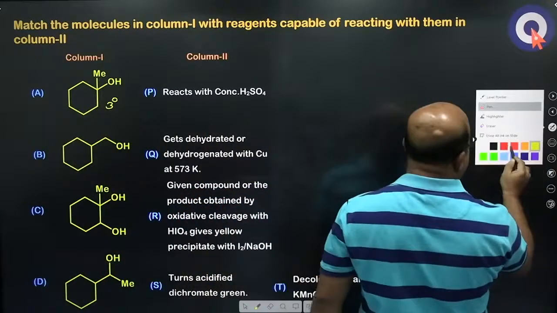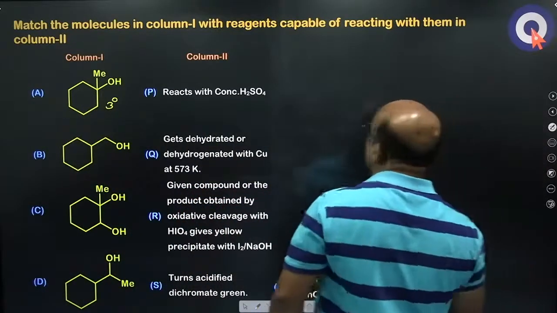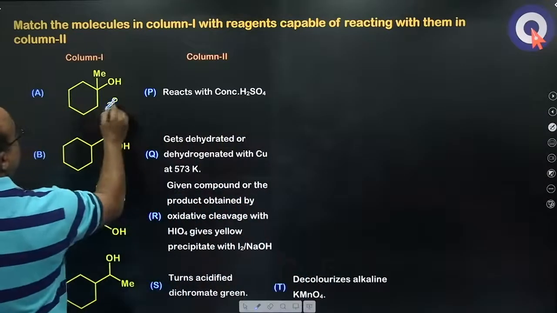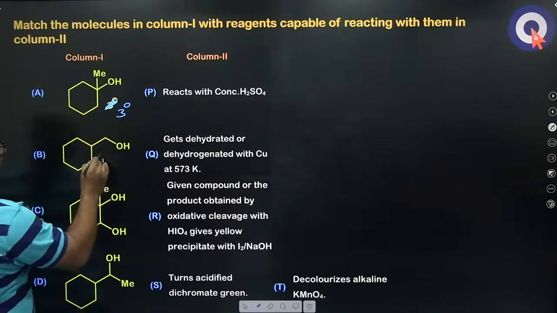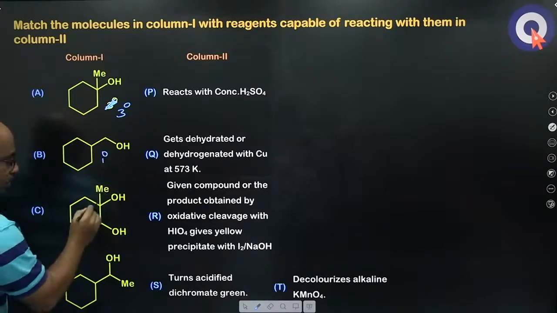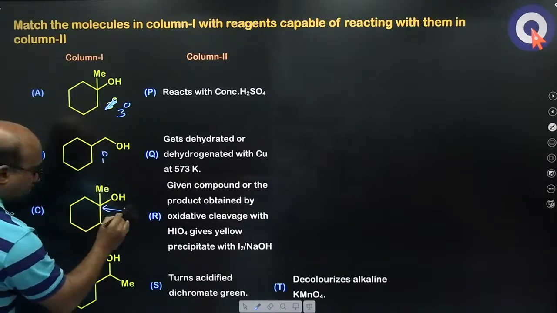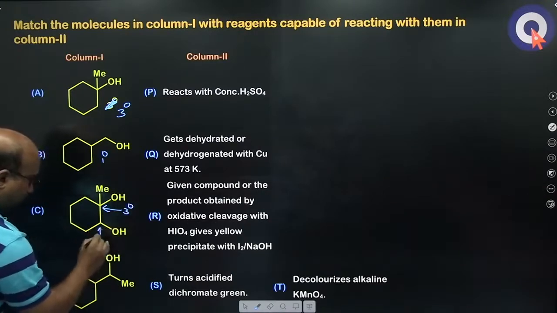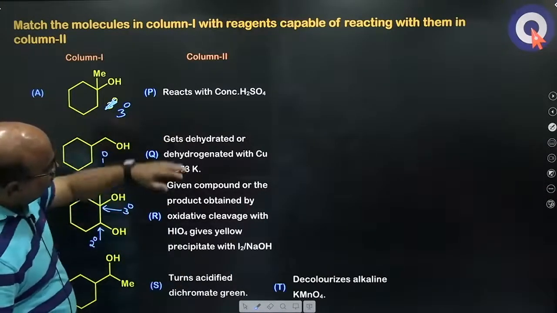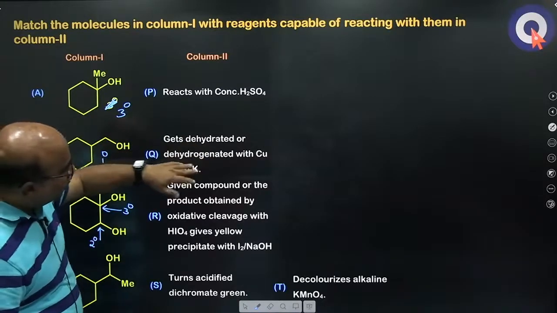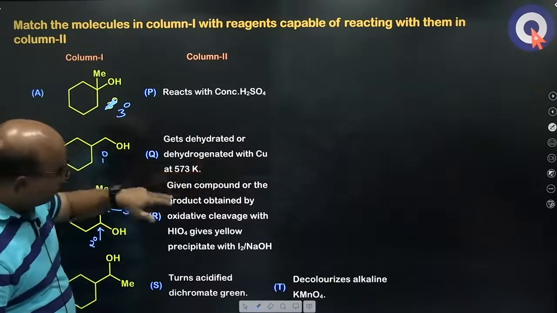A tertiary alcohol for us. This is primary, this is tertiary, but this is secondary, because in the reaction you see it gets dehydrogenated with copper metal.